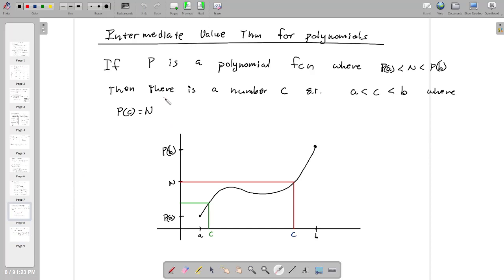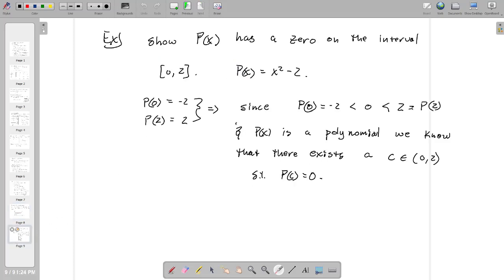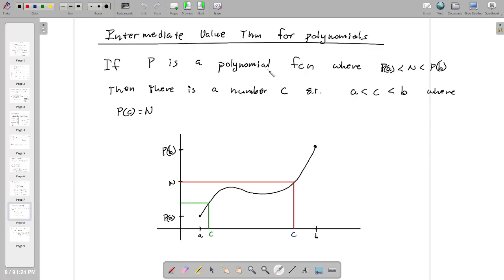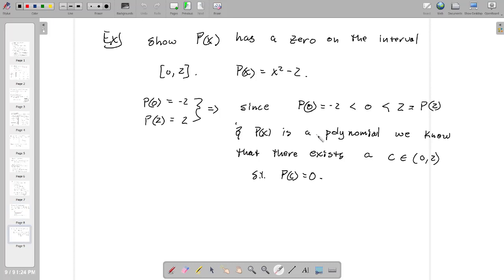So whenever you're using a theorem, you want to make sure of a couple of things. You need to meet the conditions that are laid out in the theorem. For instance, here, the conditions are that P is a polynomial, which we stated. Our P of x is a polynomial, and we stated it in our solution. And we need to meet the condition where n is between P of A and P of B, which we also met.